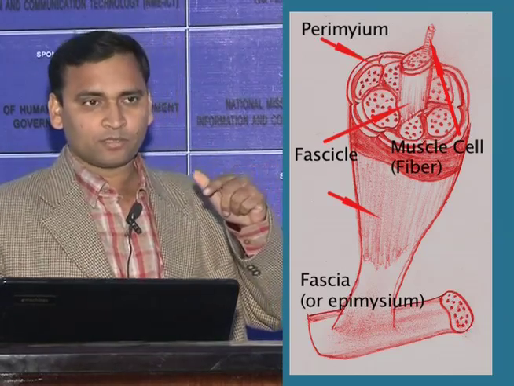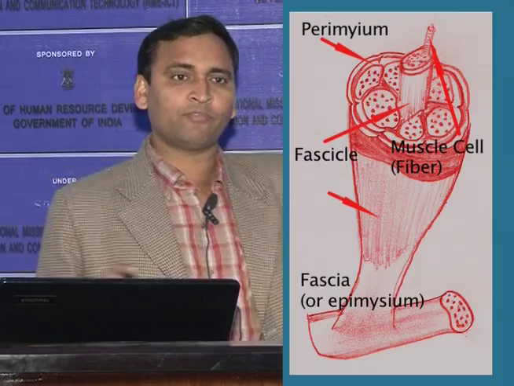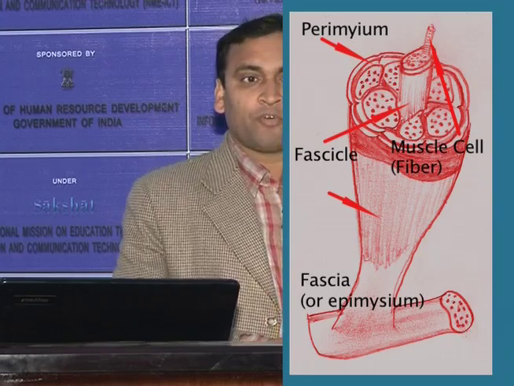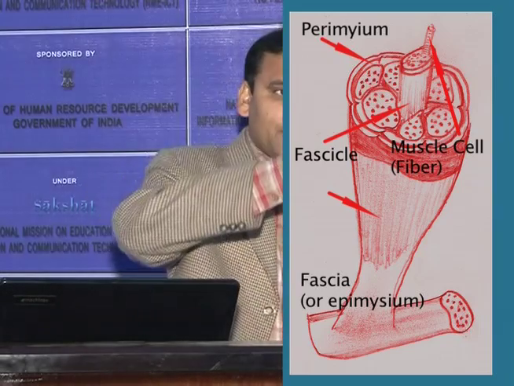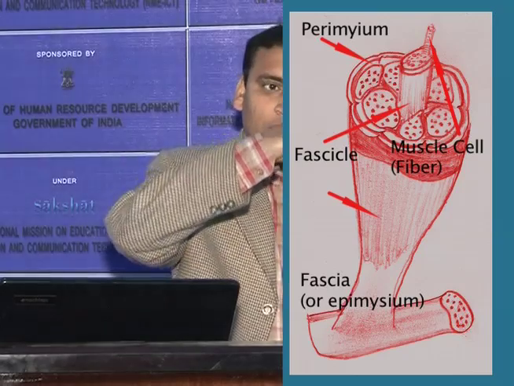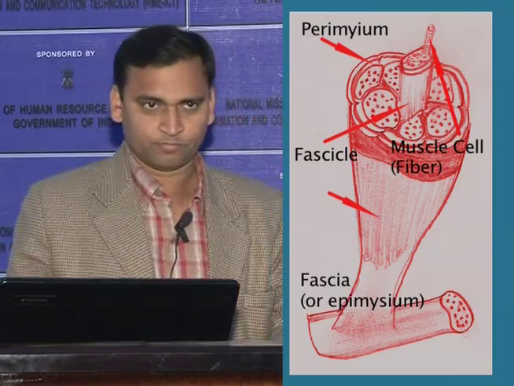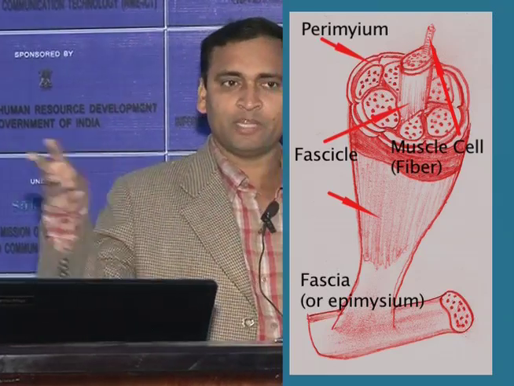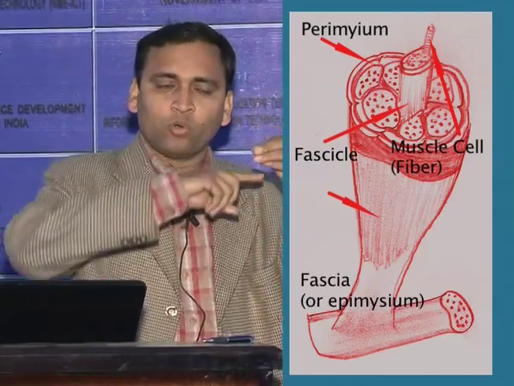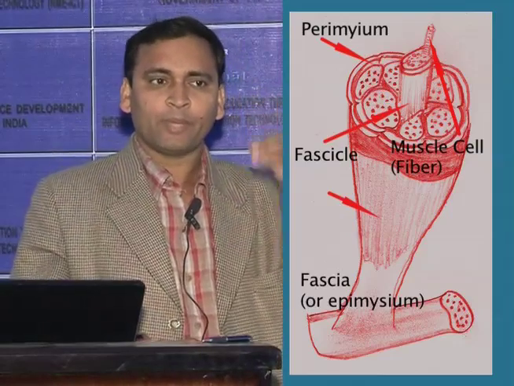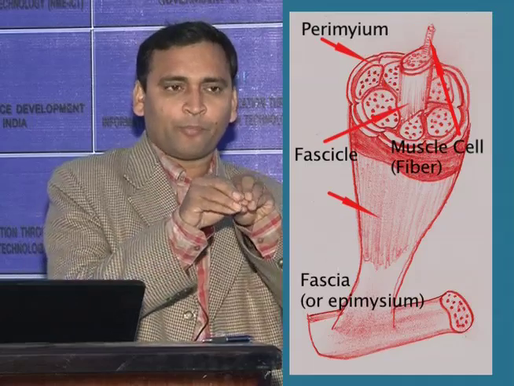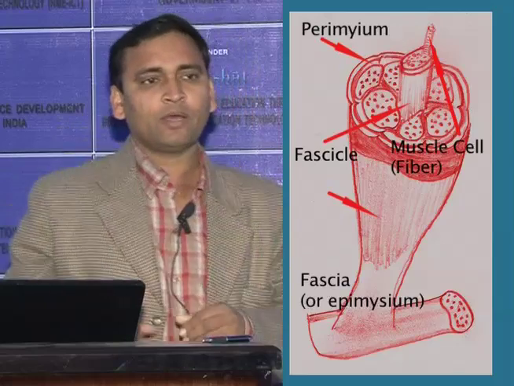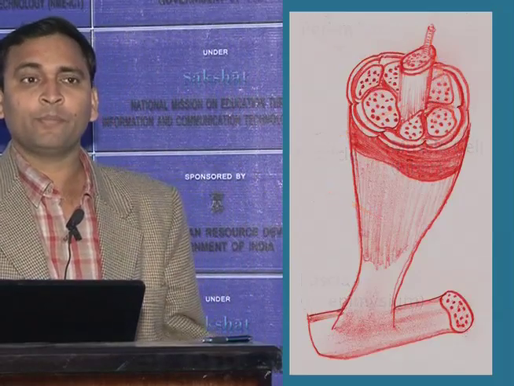Then many fibers, along with their endomysium, are wrapped in another connective sheath known as perimysium. There may be a number of perimysium, and then again they are covered with the next sheath known as epimysium.